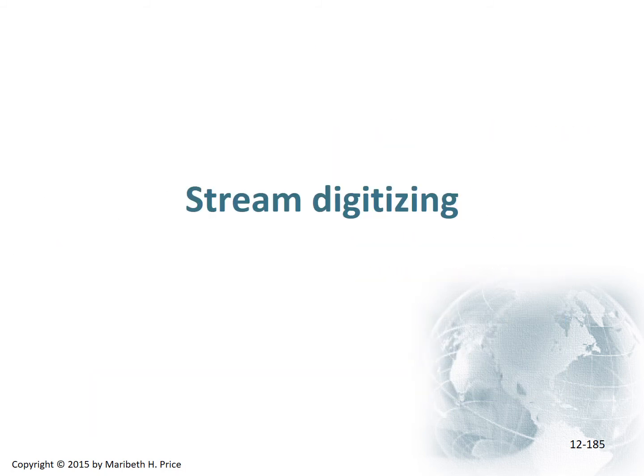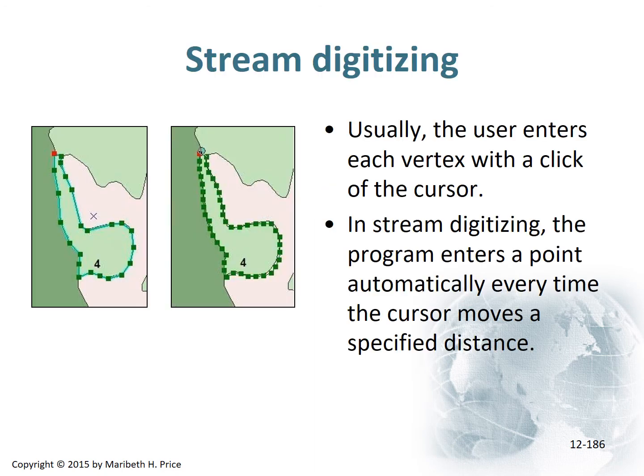Stream digitizing. It's basically digitizing, but you just roll the mouse around the area very deliberately, and it automatically throws out points, like your phone signaling to identify where you're at, and from that, it eventually completes the circle back around to the beginning. Sometimes that's bad because it ends up putting a lot of nodes in.